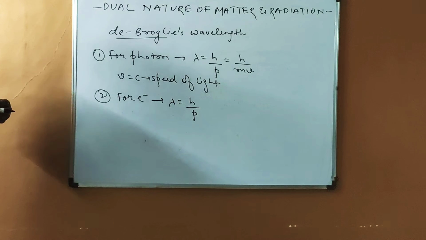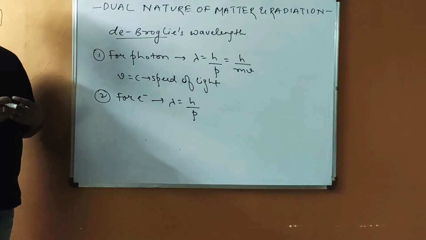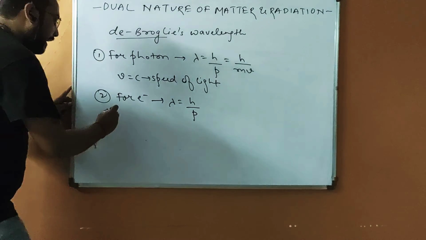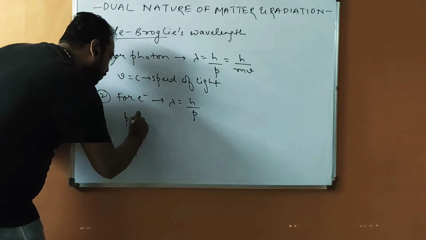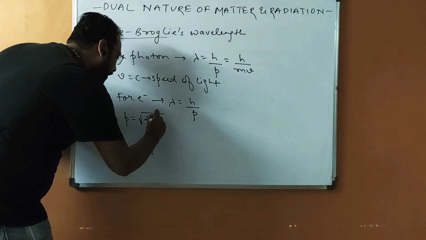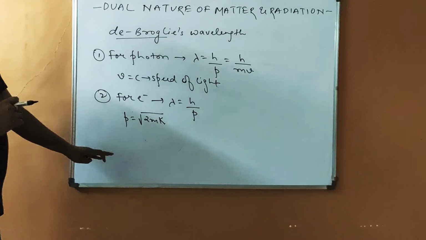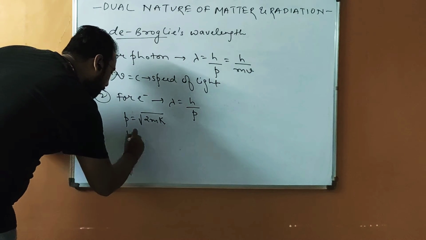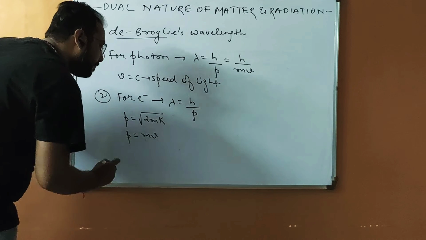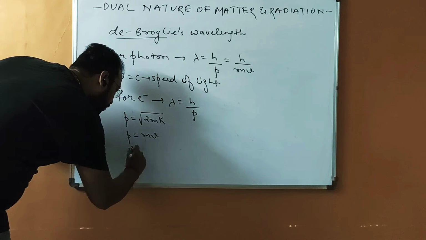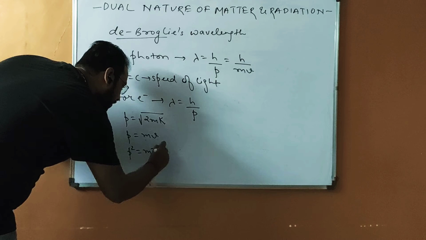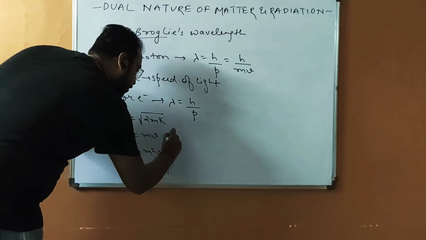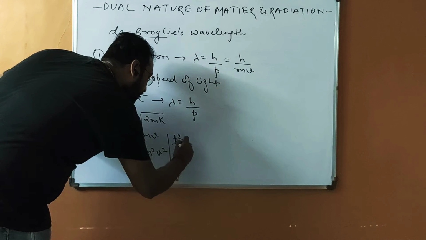If you remember the relation between momentum and kinetic energy, what was the relation? I am writing it here. P is equals to under root 2mk. Those who don't know how this relation comes, just have a look. We know that P is equals to m into v. Just squaring on both sides, we will get this. Dividing by 2. These are the simple steps.